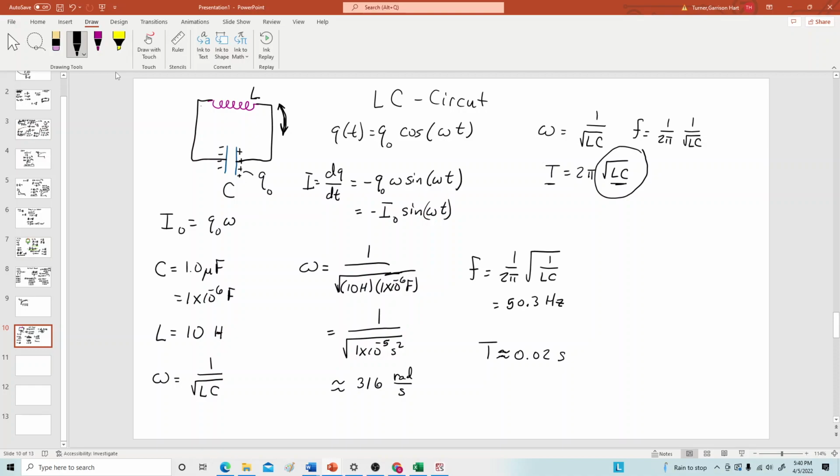So let's do one more thing and say, what is the initial current? Well, for the initial current, we need to know what the initial charge is.